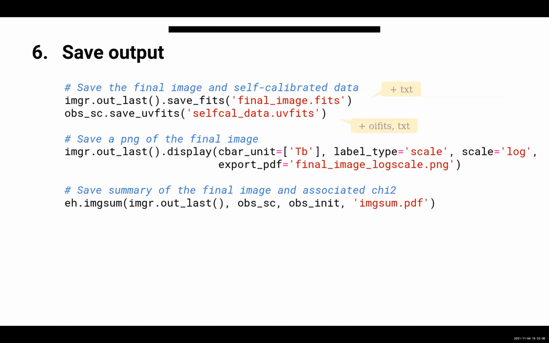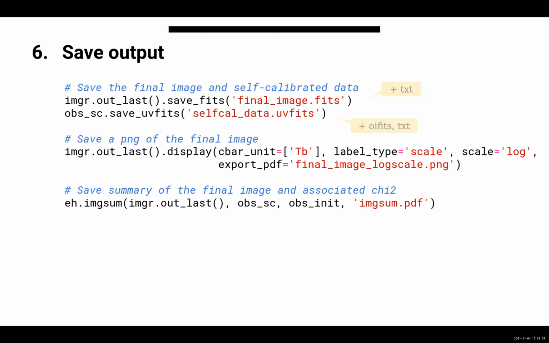All right, and then when we are done with our imaging, we can save the image that we obtain. We can save the self-calibrated data. We can plot the image in different ways: logarithmic scale, linear scale, with different plotting styles.